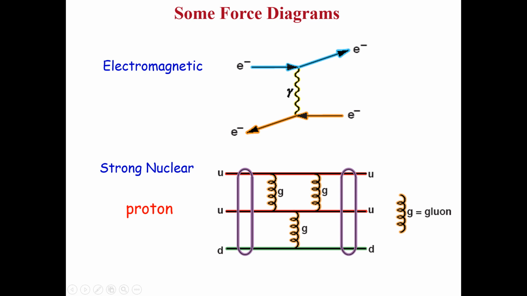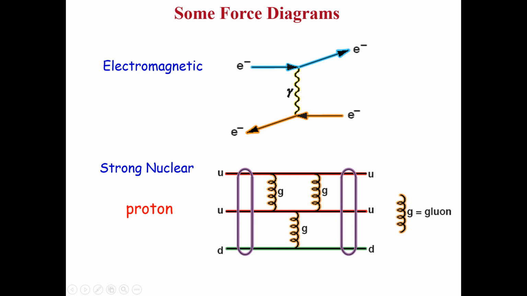The proton is basically the combination of 2 up quarks and 1 down quark. So the diagram will look like this, and if we have 2 protons, between these protons we have the strong nuclear force. The strong nuclear force is exerted due to the exchange of the gluon. Here you can see the resistor-like signs. These resistor-like signs with the small g are for the gluon.